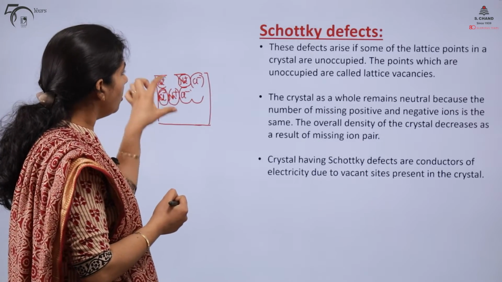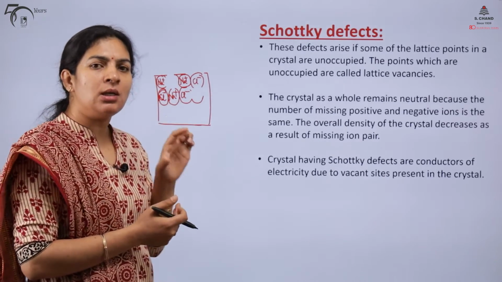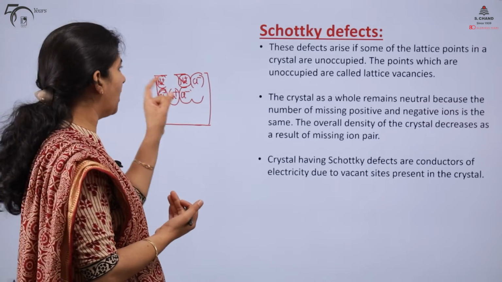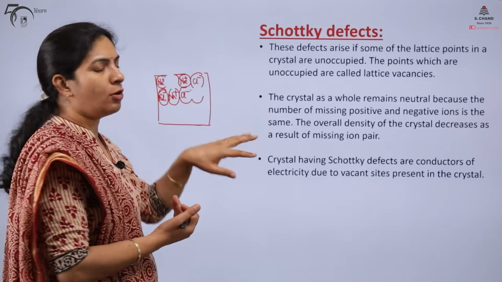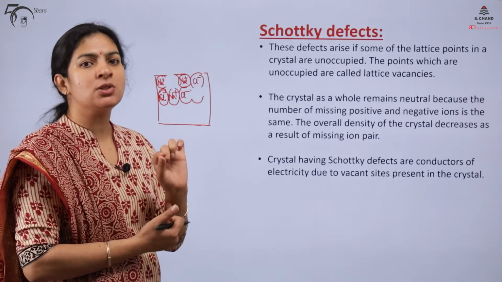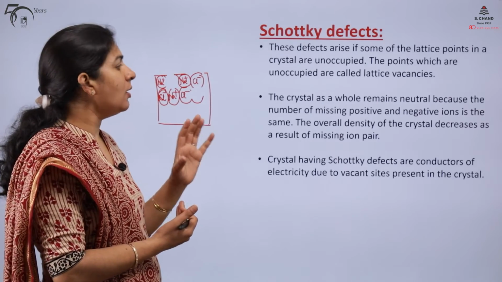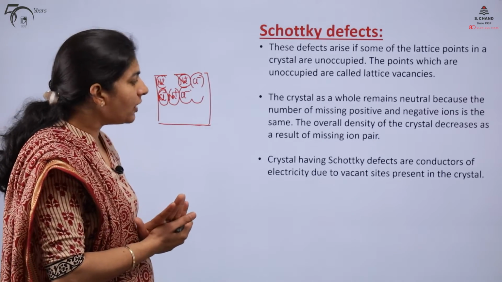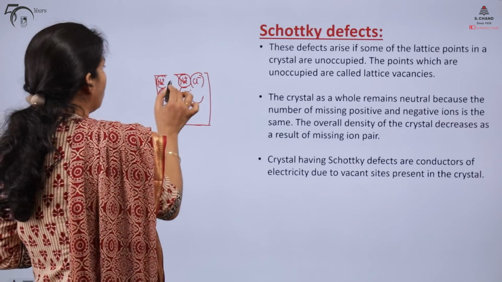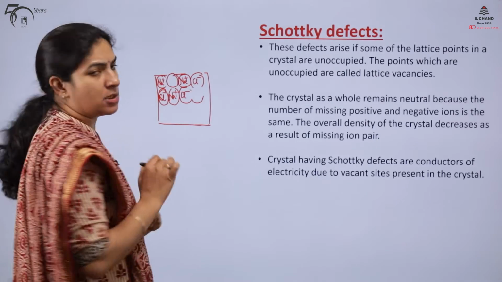Other than that, the overall electrical neutrality of the crystal is in fact maintained, because if one sodium ion is missing, one chloride ion is also missing. Therefore, the crystal remains neutral overall, whereas the density decreases. And now you see that in order to occupy this empty space, what will happen?